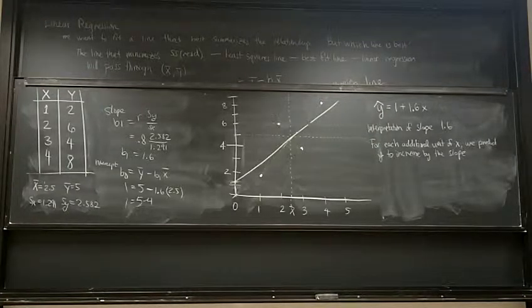Of course, you can't have 1.6 closets, but overall, on average, we predict an increase of 1.6. Excuse me. Yes? I didn't get how you came up with y equals 1 plus 1.6x. Oh, okay.